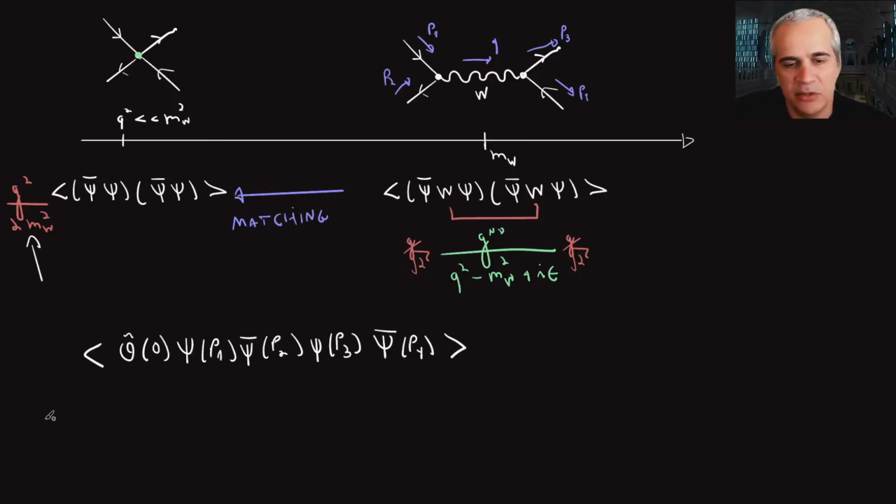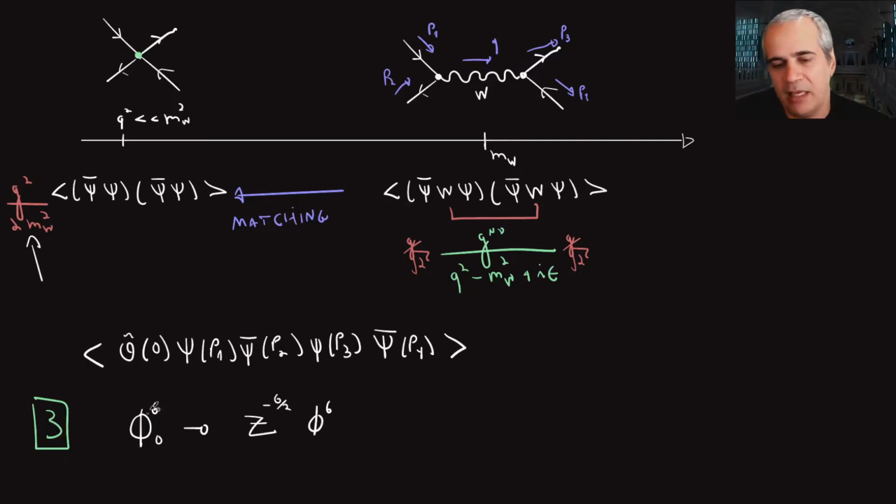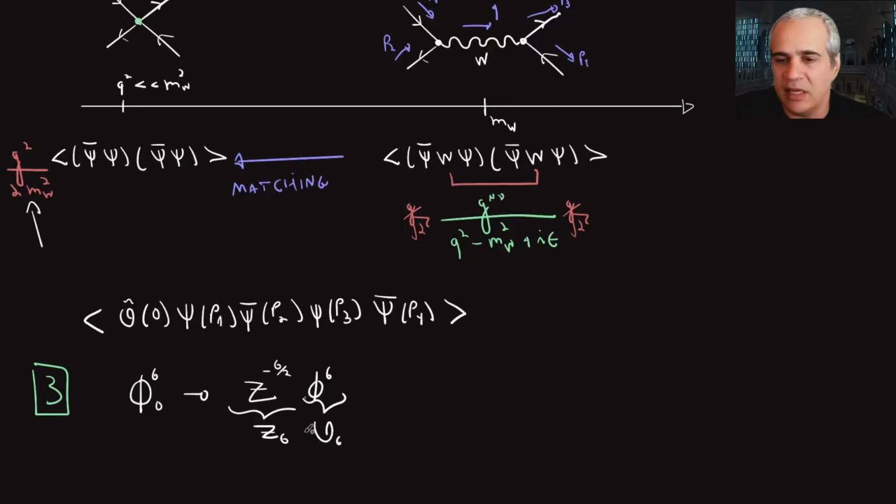And a third use case for these local operators, of course, is just convenience. You could have some phi-6 interaction in your theory, which when renormalized will get some Z to the power of minus 6 over 2. And instead of analyzing the running of each field separately, I could think of this as an operator, O6, and this thing as some Z6, and study the operator as a whole, just as a matter of convenience.